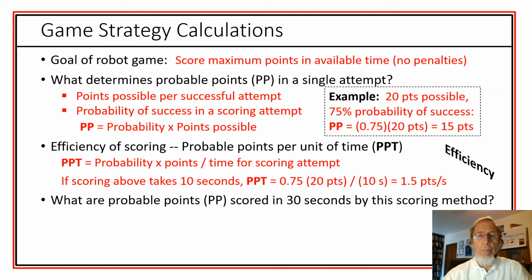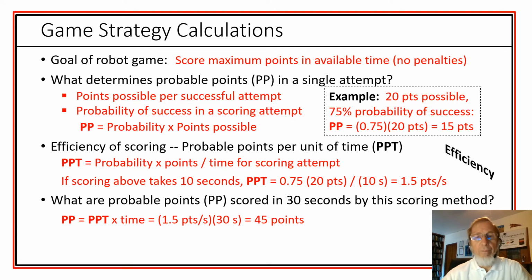So, what are the probable points then to score in 30 seconds if we use this scoring method? We take the probable points per unit of time multiplied by the amount of time available.